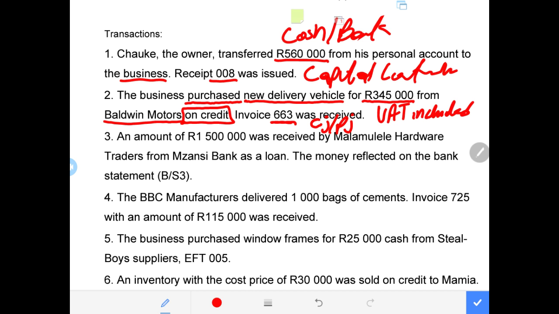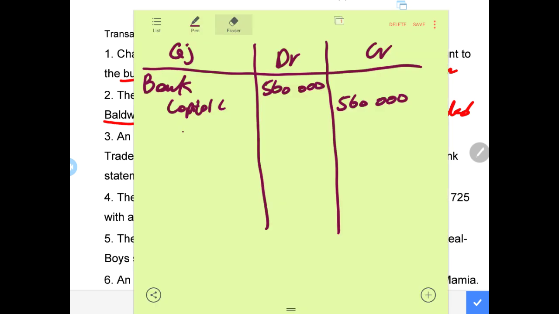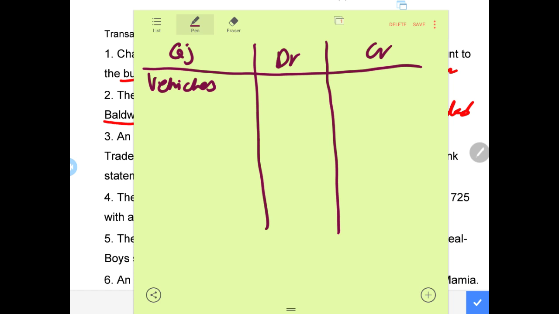Now that we bought this, being a VAT vendor, let us do the same thing. We record it in the general journal once again, so that we can check which one has a column to be recorded under and which one does not. What did we buy? We bought a vehicle, so our vehicles as an asset will increase.